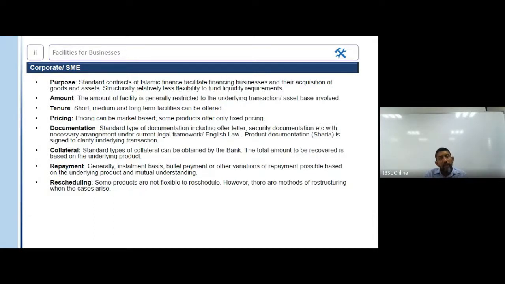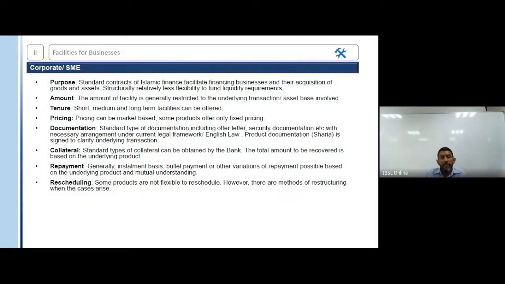Collateral, although I said you can take any collateral that is acceptable from a point of view of the law, what you can recover from crystallizing the collateral is determined by the underlying product.